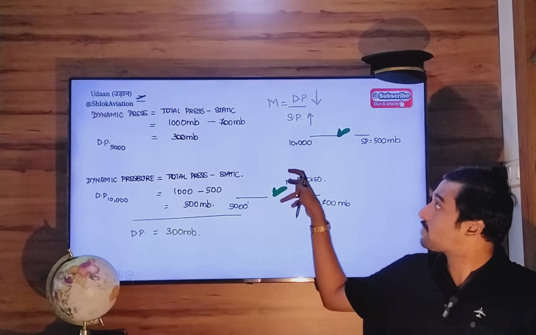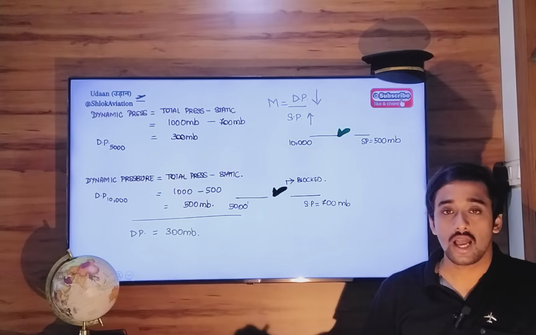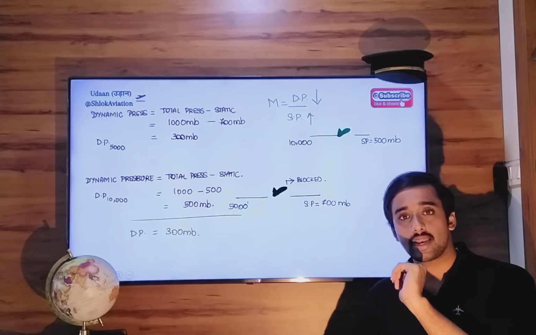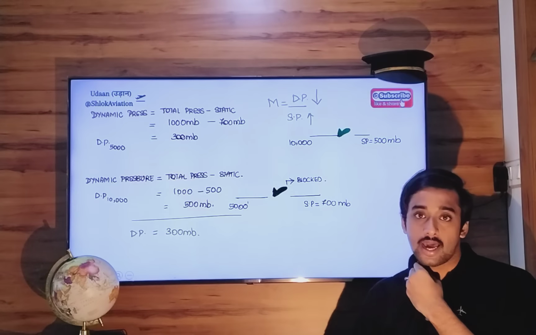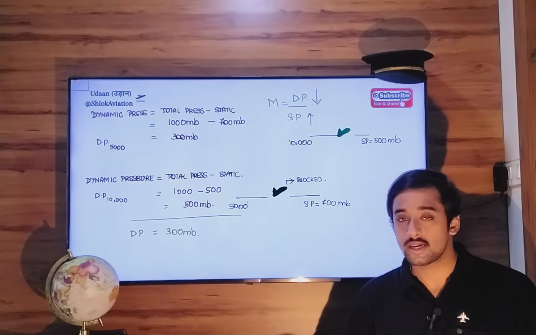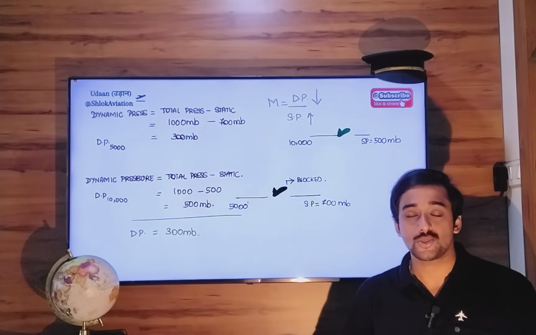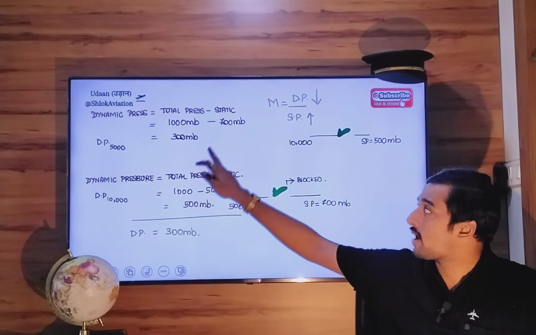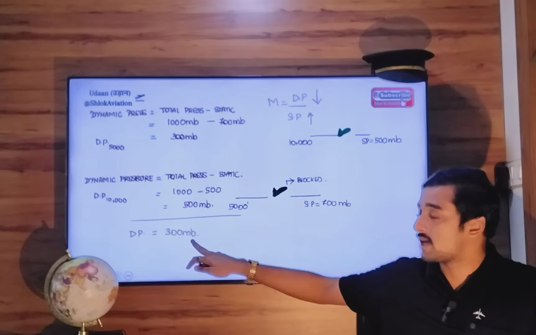And as you go to higher altitudes at constant true airspeed climb, the dynamic pressure registered by your airspeed indicator will decrease. Calibrated airspeed will go on decreasing because we look at the calculation: 1000 minus 700 is 300.